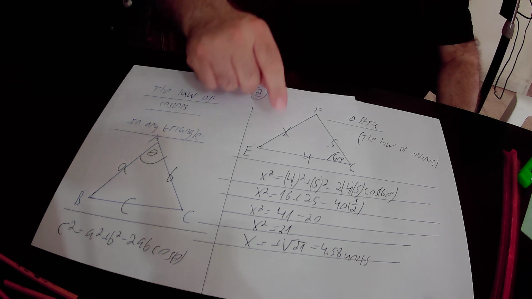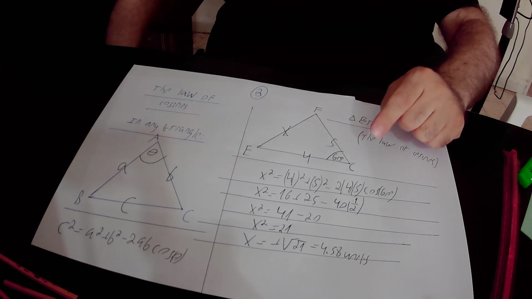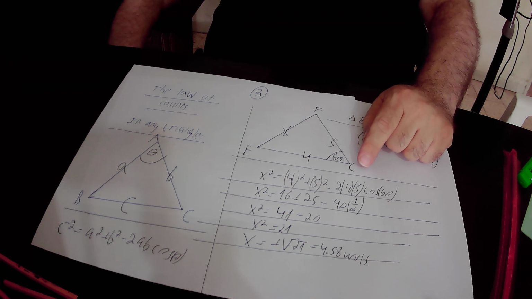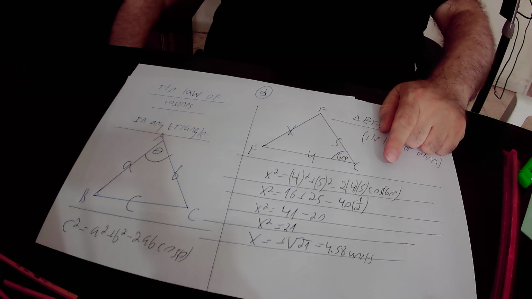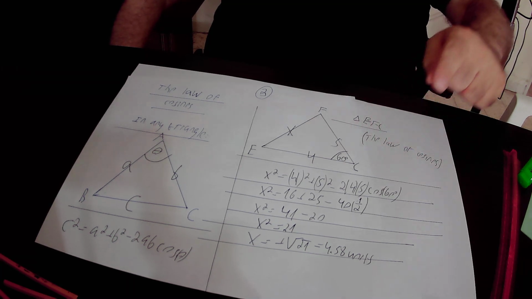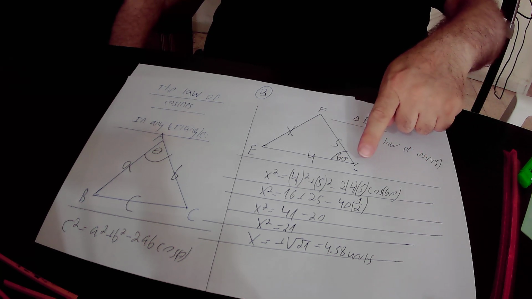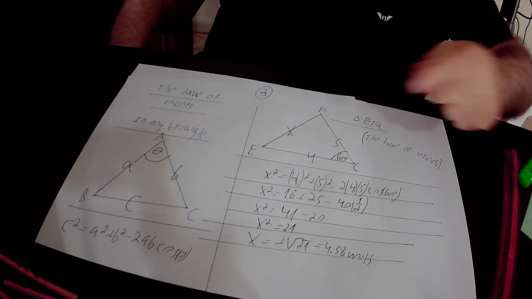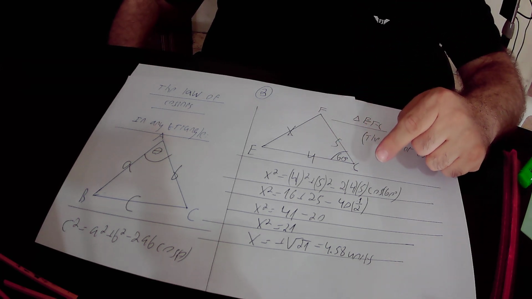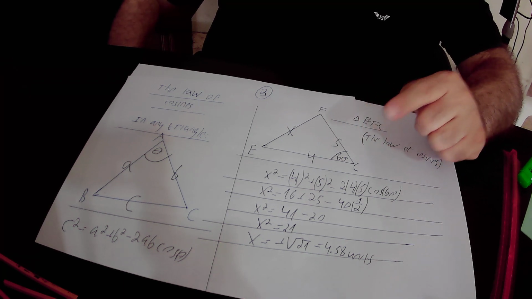So here 4 squared is 16, 5 squared is 25, and minus 2 times 4 is minus 8, and minus 8 times 5 is minus 40, and cosine 60 degrees equals 1 half, so we substituted cosine 60 degrees by 1 half, and in total this expression equals minus 40 times 1 half. So we found out that 16 plus 25 minus 40 times 1 half equals x squared.